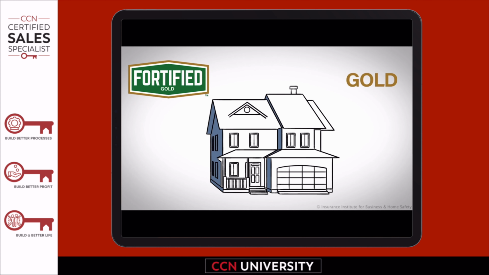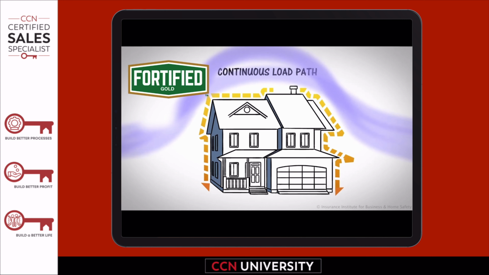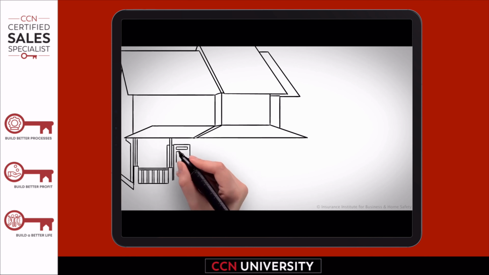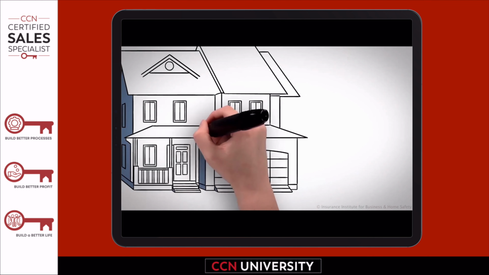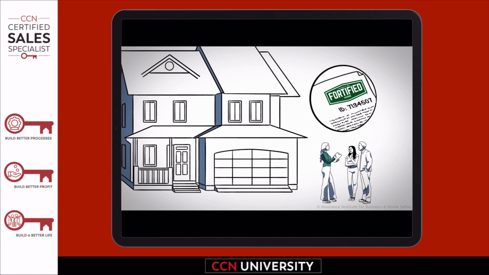The gold level designation ensures the house is tied together and has what engineers call a continuous load path. This means the roof is tied to the walls, the walls are tied to the floors, and the house is tied to the foundation. The continuous load path helps the home stand strong when high winds try to tear it apart. After a certified third-party evaluator verifies all upgrades and critical construction details are complete, homeowners receive a designation certificate with a unique ID number that is valid for 5 years.